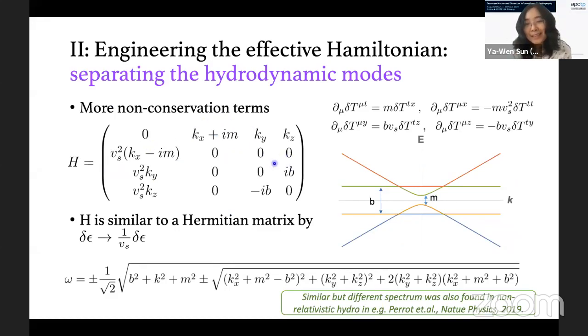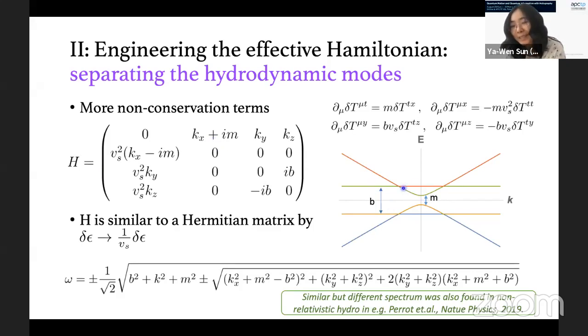And we found that if we modify the effective Hamiltonian in this way, these B terms are still Hermitian or similar to Hermitian, and they are in the y and z directions. If we introduce them in this way, and the mass term in the x direction in this way, the spectrum would look like this. We see that there are now 4 crossing nodes, and these crossing nodes exist for non-zero m.